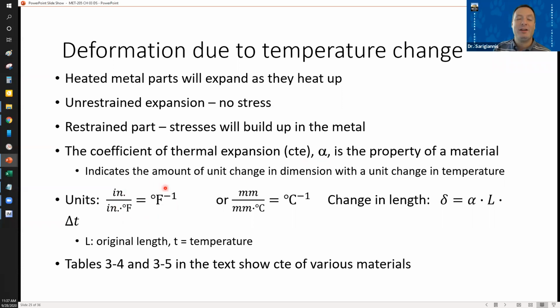There are different numerical values depending on if you're using Fahrenheit or Celsius. There's a table on the next page. If you're working in degrees Fahrenheit, it's inch per degree Fahrenheit, or millimeter per degree Celsius.